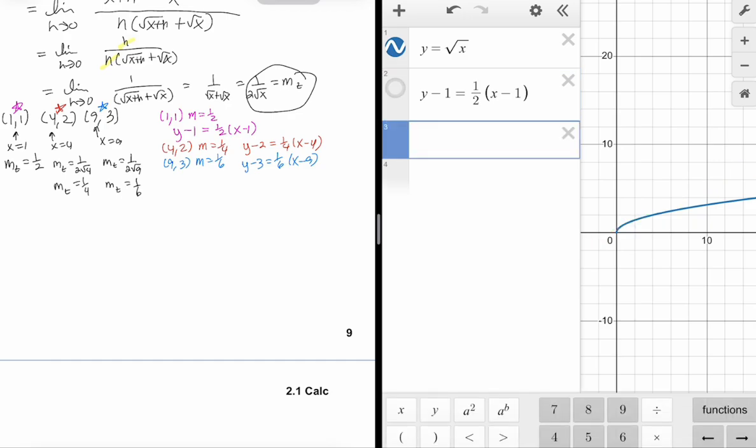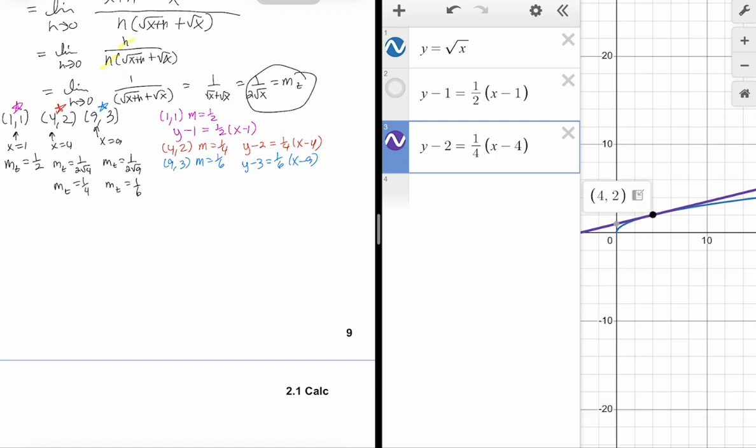Let's put in our other one. Our equation is y minus 2 equals 1/4 the quantity of x minus 4. We should hit it at the point 4, 2. It should skim across it at that point, which it does.